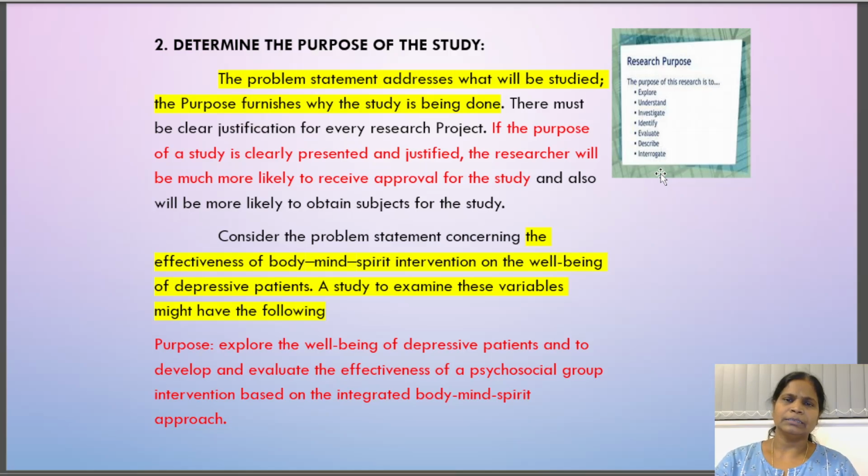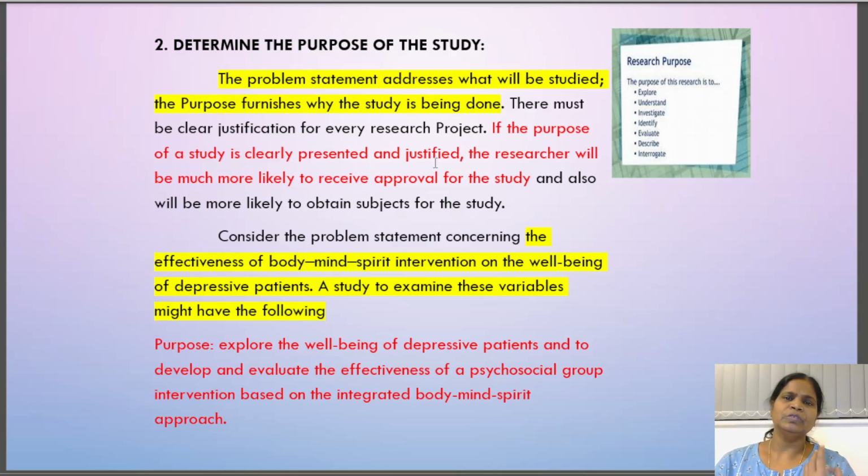These are where the purpose of the study, the objectives, come into place. If the purpose of the study is clearly understood, presented and justified, it will be easier for you to convey why the study is important. And when you convey it, approval from the ethical committees will also be easier.